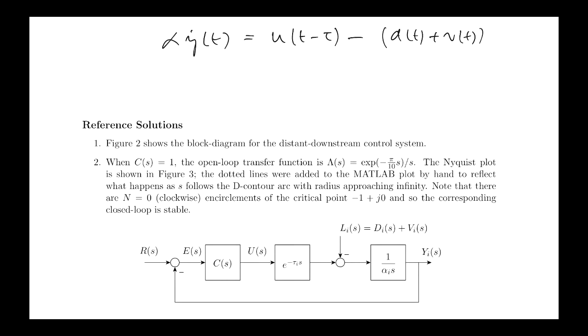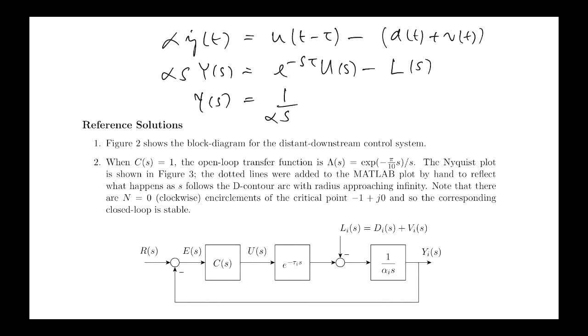I'm going to get alpha s Y(s) equals e^(-s tau) U(s) minus, let's just call this L, and denote its Laplace transform with the corresponding capital letter, as we've done for the other signals. So this says that Y(s), the thing that we're trying to control, is related to the control input and the disturbance via a transfer function that looks like 1 on alpha s, times e^(-s tau) U(s) minus L(s).